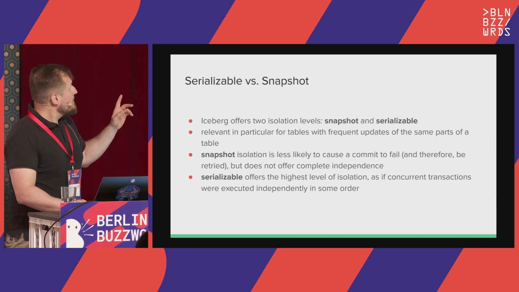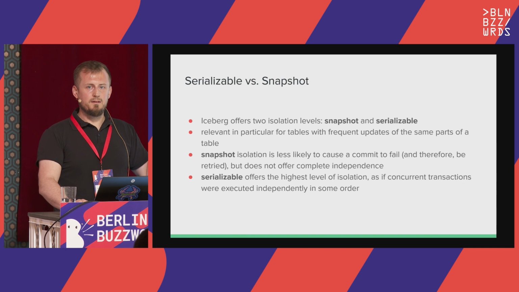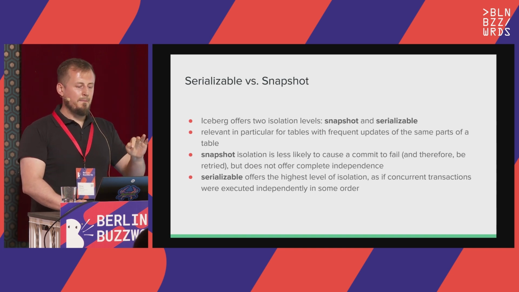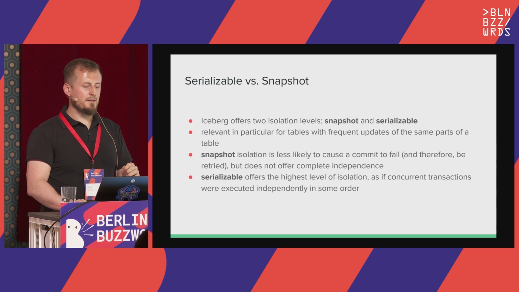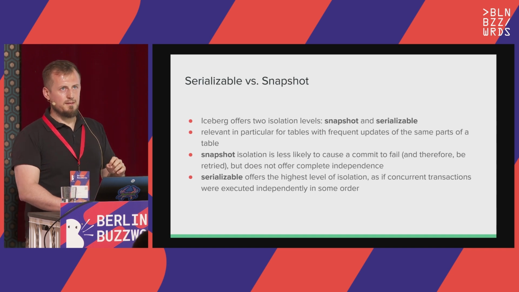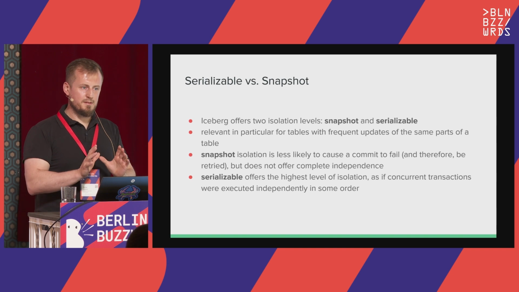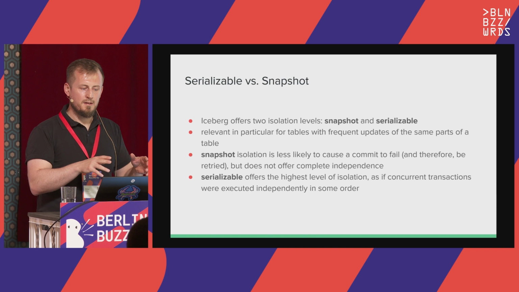And what is important about Iceberg is that it offers two levels, serializable and snapshot isolation. There is a large difference between them, but basically serializable is full isolation. Snapshot is a lower level that on one hand allows certain concurrency effects to appear, but on the other hand, it's much more performant because it doesn't require aggressive locking the way serializable does.